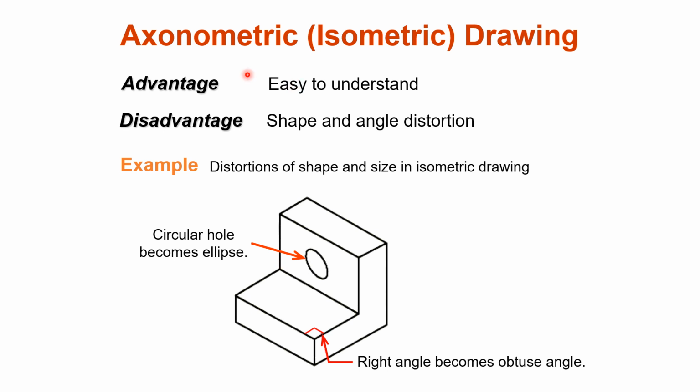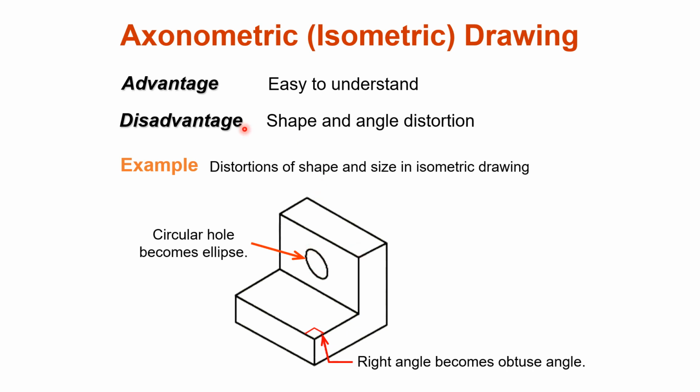Here the axonometric drawing type is isometric. Okay, isometric, when we place the object at a 45-degree angle here, and then draw the object. Advantage, we can easily understand that it is a 3D object and here a circle is present.